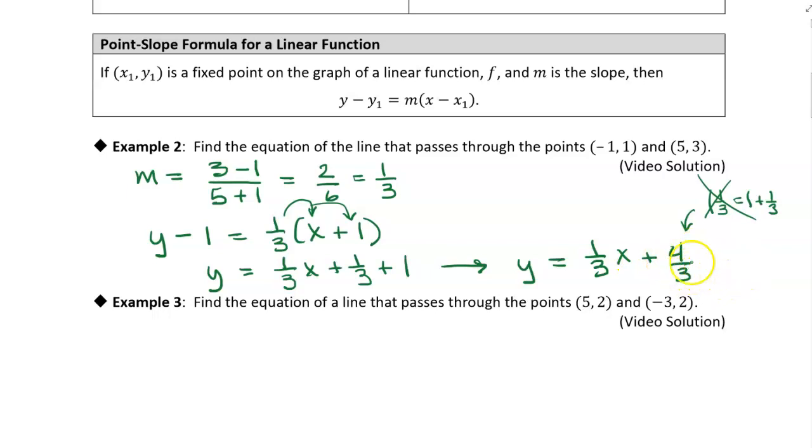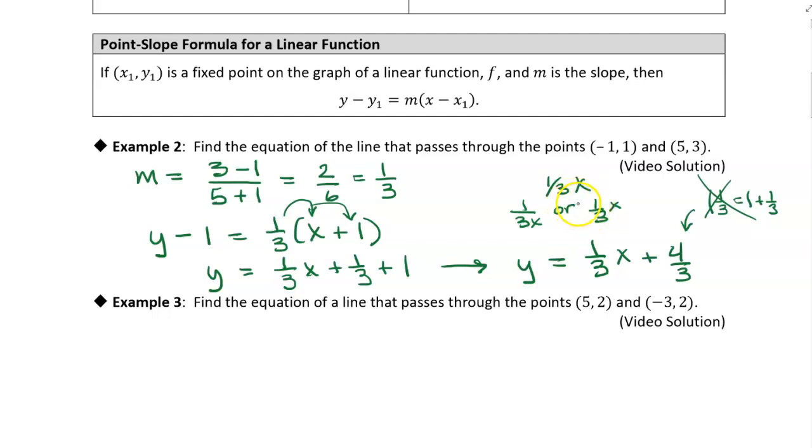Another thing I see people do a lot is to write 1/3 x, and sometimes it's unclear what you mean, because depending on how you write it, this could mean 1/(3x), or it could mean 1/3 times x. Those are two different things.